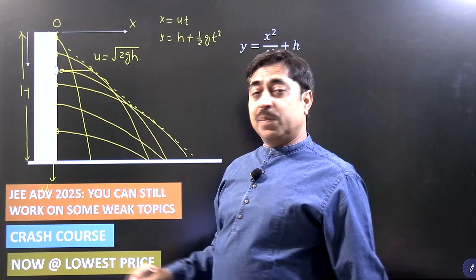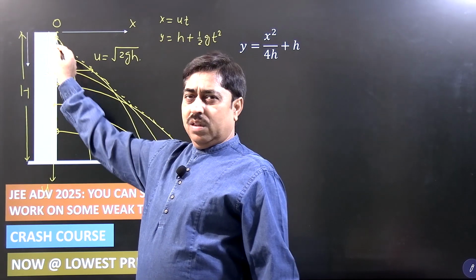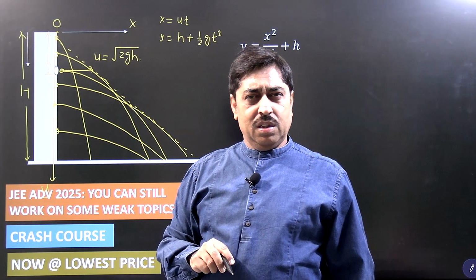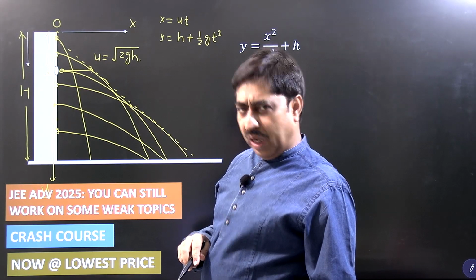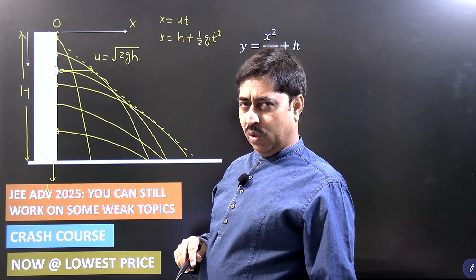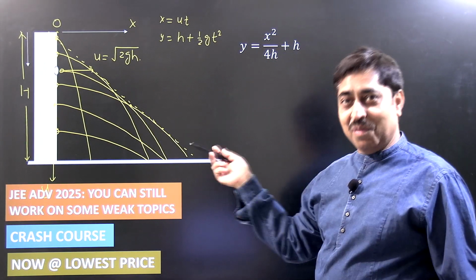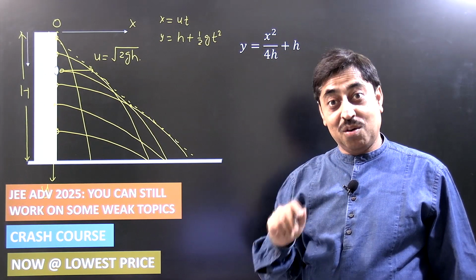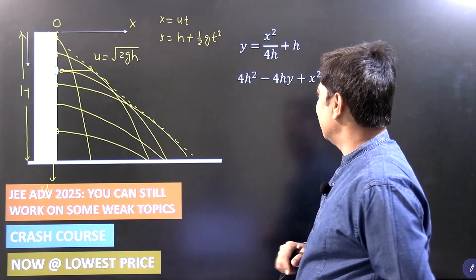So, the question is basically to find this profile. Is it a hyperbola? Is it a straight line? Or is it also a parabola? Want to make a guess? Do it right now. I have given a lot of hint by trying to draw this shape actually.